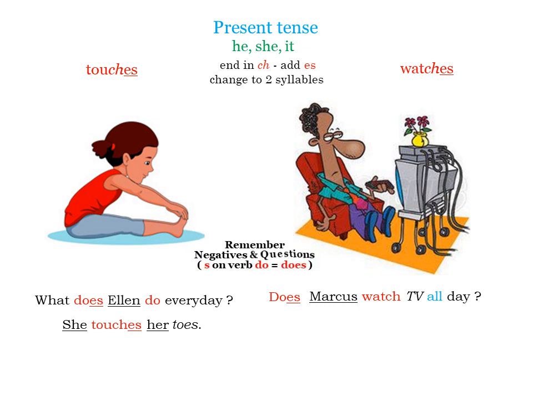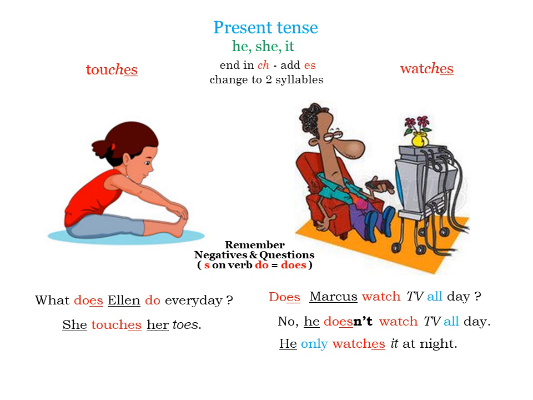Remember, negatives and questions. The S goes on the verb do to be does and not your action verb. Does Marcus watch TV all day? No, he doesn't. No, he doesn't watch TV all day. He only watches it at night.